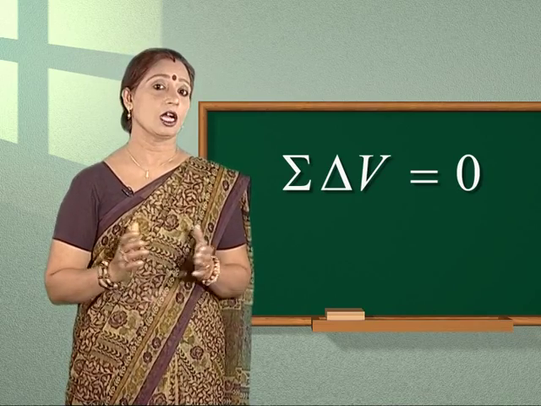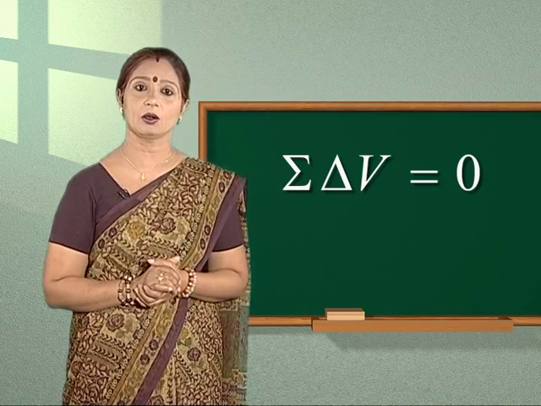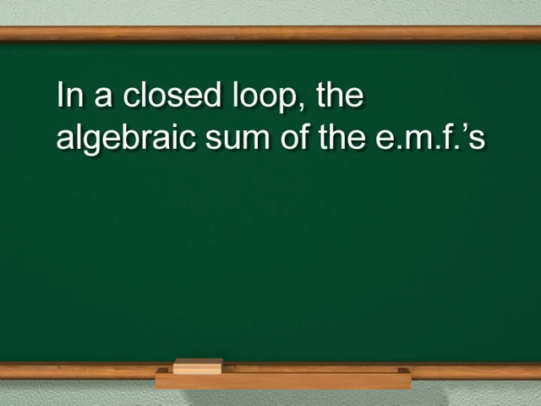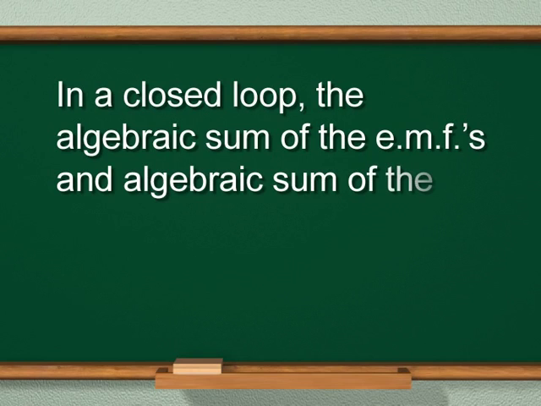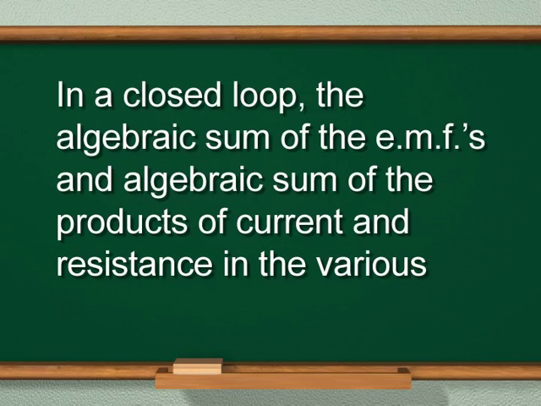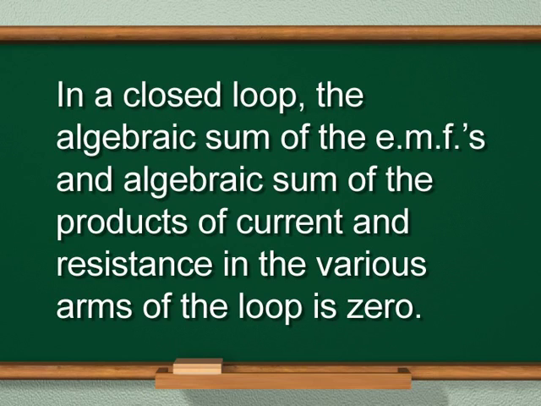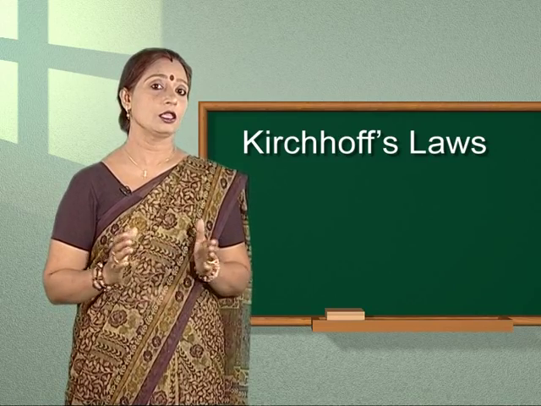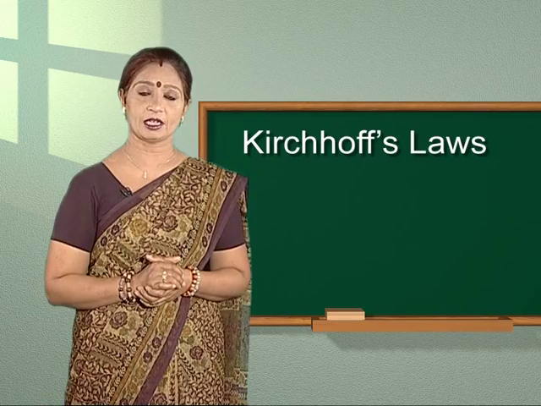It means, according to Kirchhoff's second law, in a closed loop, the algebraic sum of the EMFs and the algebraic sum of the product of current and resistance in the various arms of the loop is 0. Kirchhoff's second law supports the law of conservation of energy.